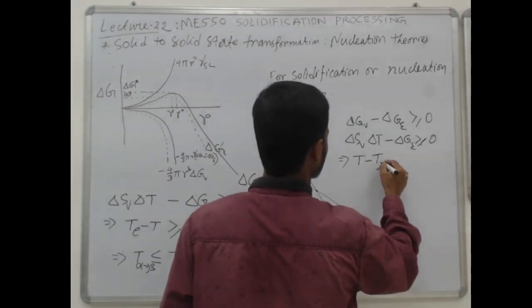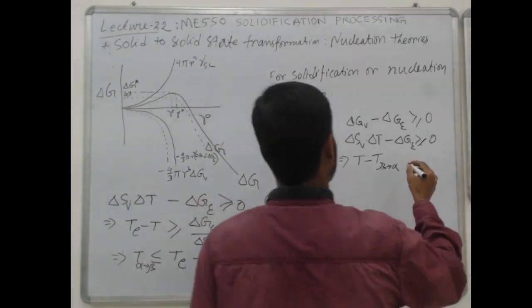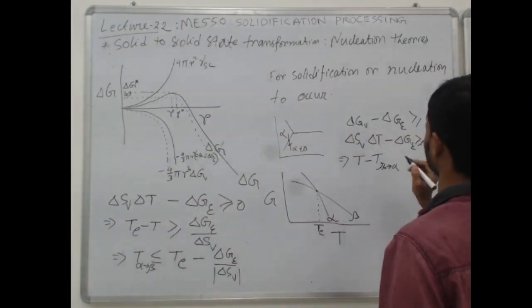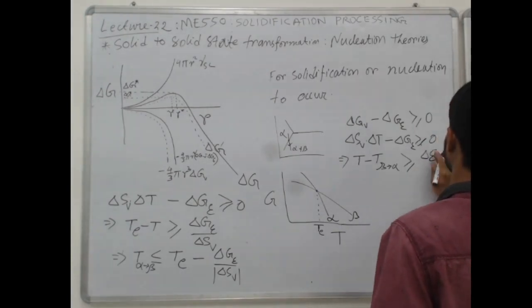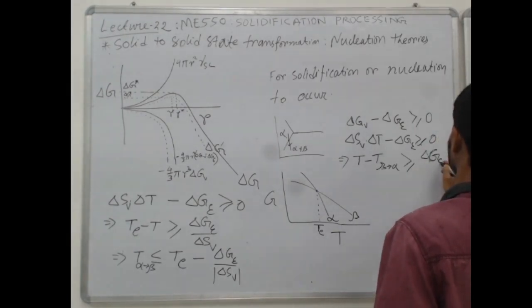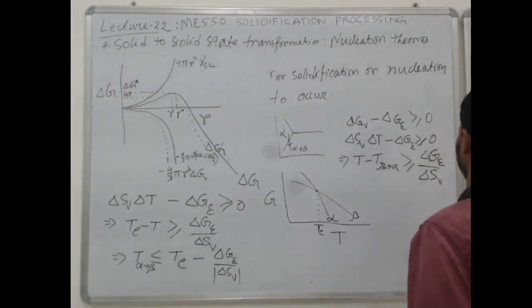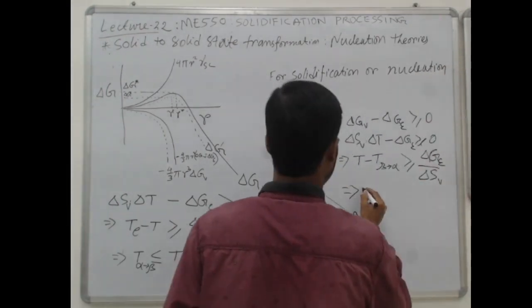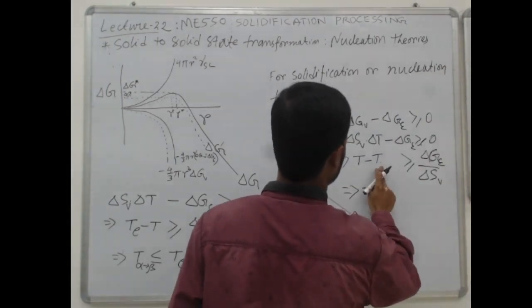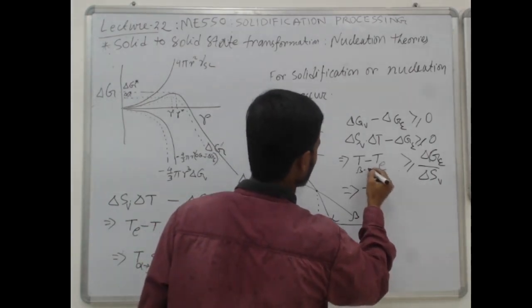But here delta T will be T minus T beta to alpha, and then it will be greater than delta G_E by delta S_V. Sorry, I wrote it wrong. This will be the equilibrium temperature, this will be beta to alpha.